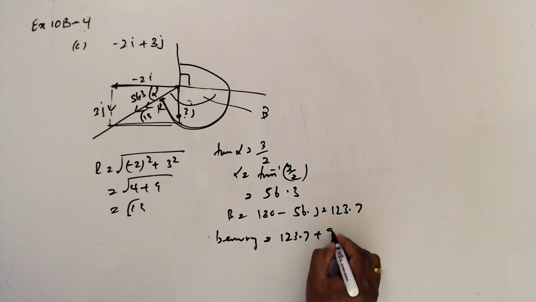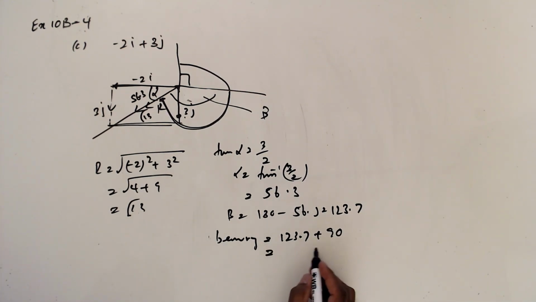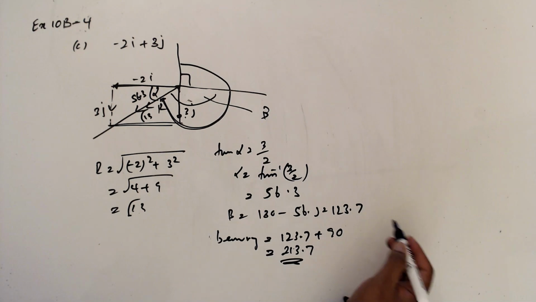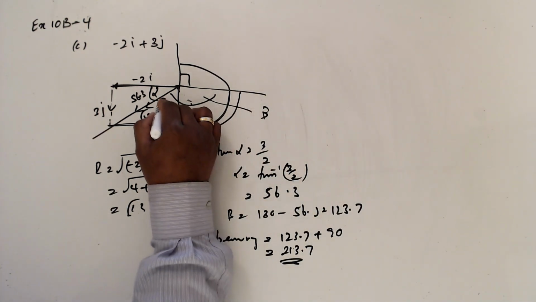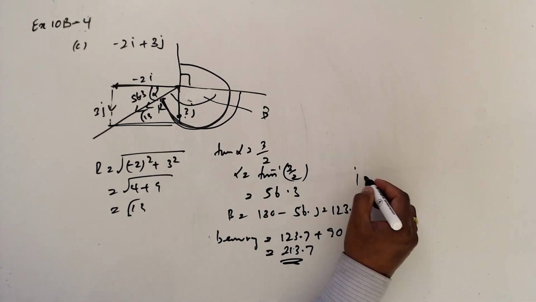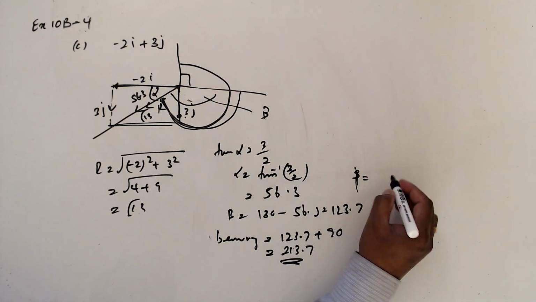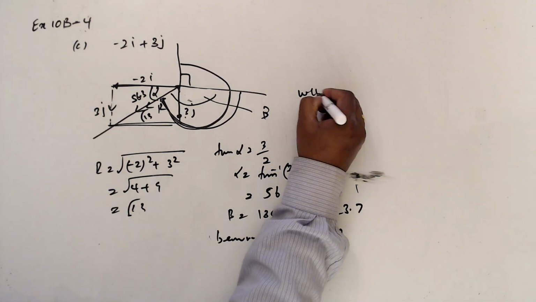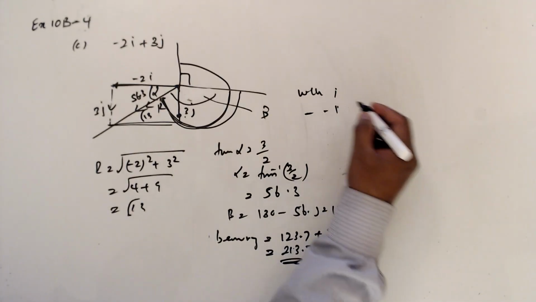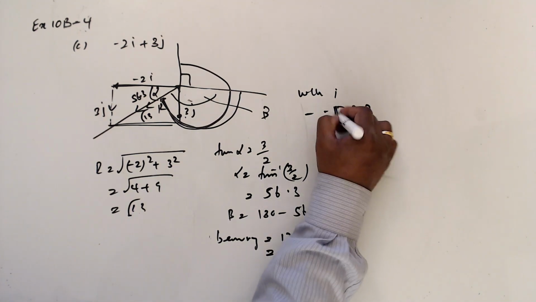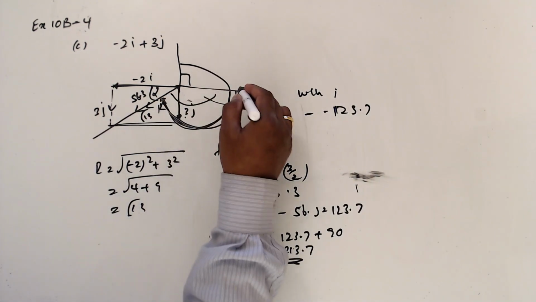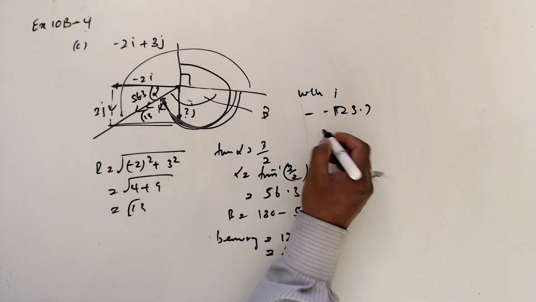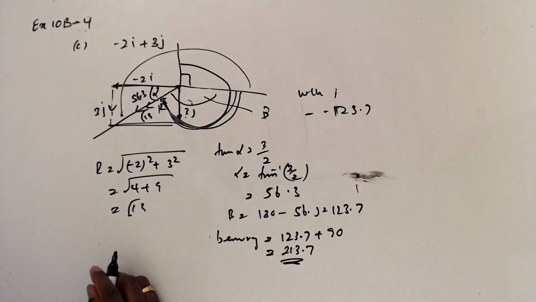That is 313.7 with i. If you measure in this direction, beta with i is minus 123.7. If you measure it positively, this is going to be 360 minus that.